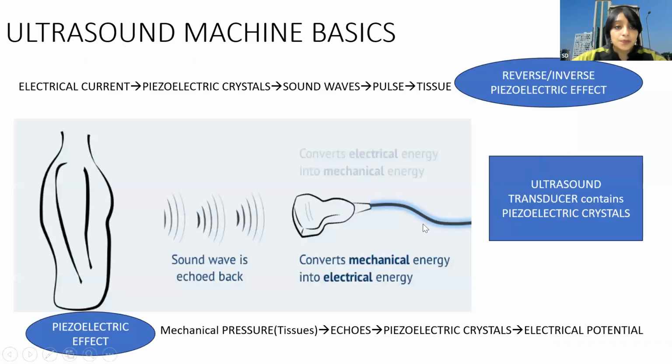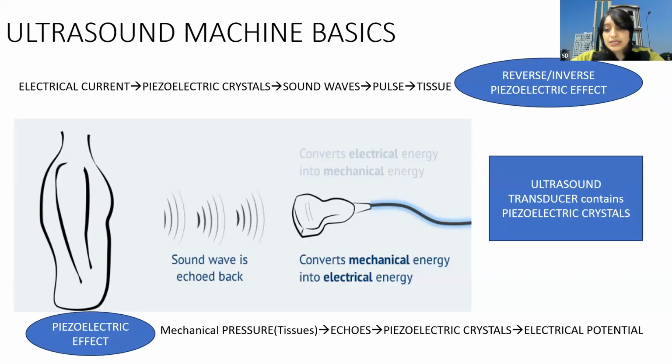Now coming to ultrasound, the principle of ultrasound is based on the piezoelectric crystals or the piezoelectric effect. The electrical current is transmitted into the piezoelectric crystals present in our USG probe, and that is transformed into sound waves. The sound waves generate a pulse, and this pulse then reaches the tissue.